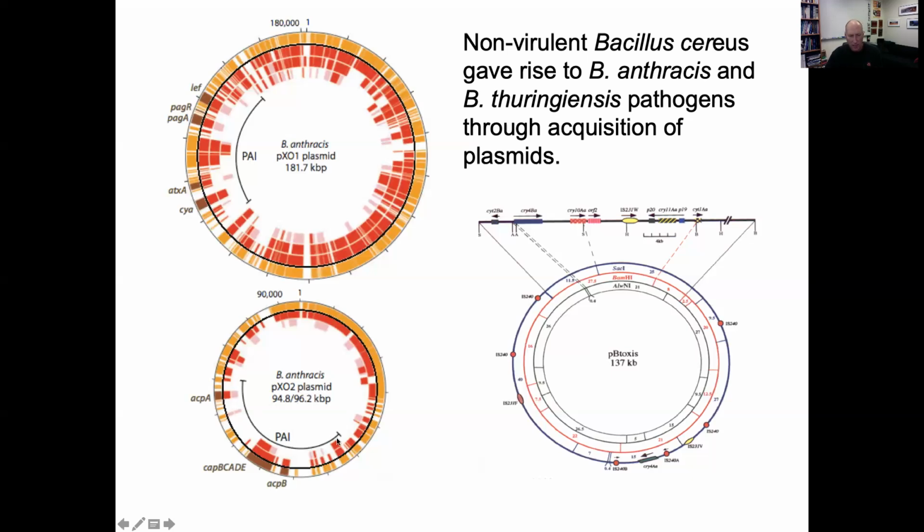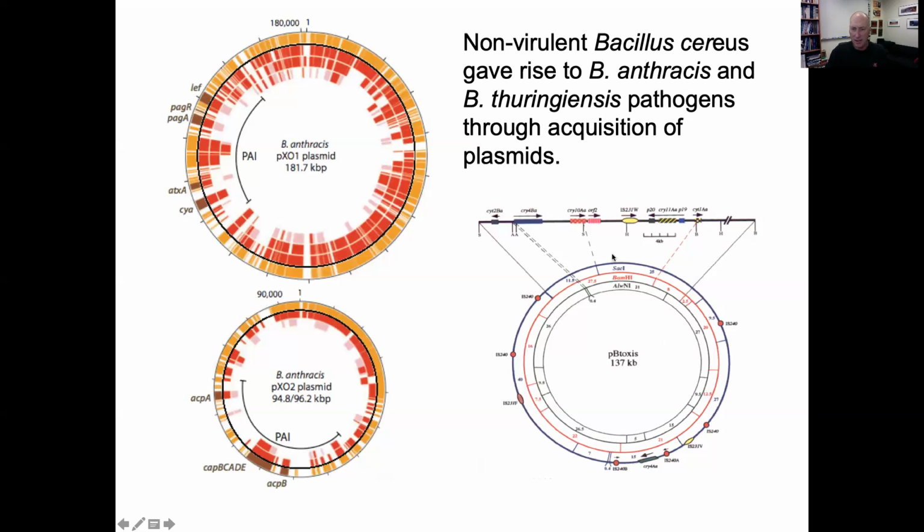That's a region of DNA in this plasmid and another one in this plasmid that contains a lot of genes involved in the virulence of this pathogen, Bacillus anthracis. And all the key ones in Bacillus anthracis for causing anthrax specifically are located on these two plasmids. So you go from a relatively harmless bacteria, not completely harmless, but mostly, to a very dangerous pathogen with these.